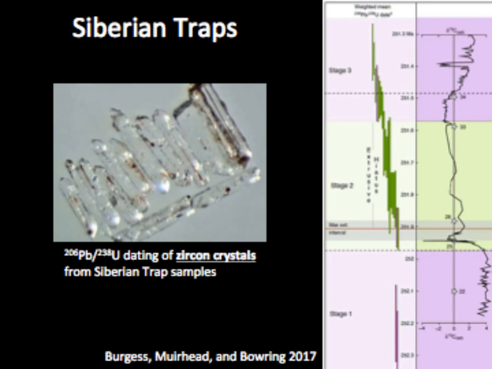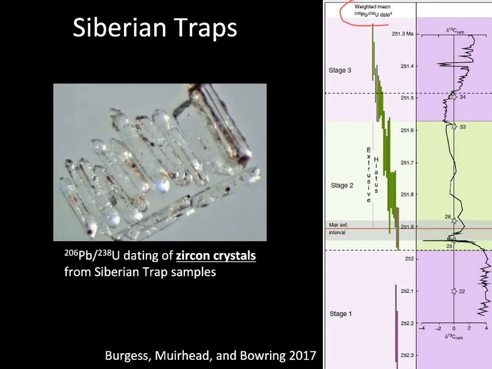So what you can see over here on the left side, what these are giving are age ranges for the dates of zircon crystals associated with basaltic melt rock that results from these Siberian traps. So they have kind of three phases here of this eruption sequence of the supervolcano, the Siberian traps. Here's stage 1, here's stage 2, here's stage 3.